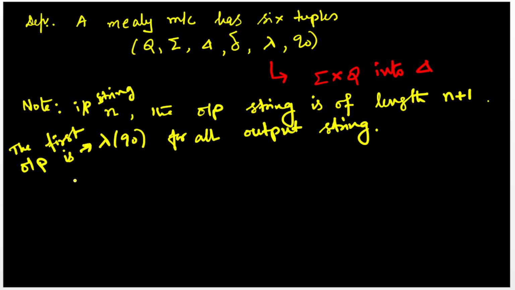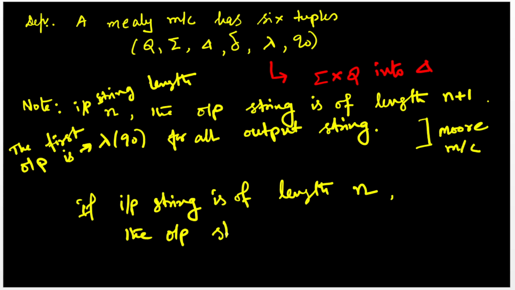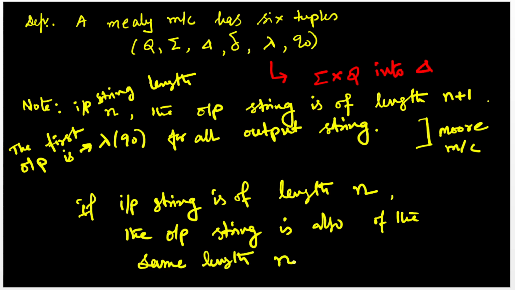But in case of a Mealy machine, if the input string is of length n, the output string is also of the same length n.